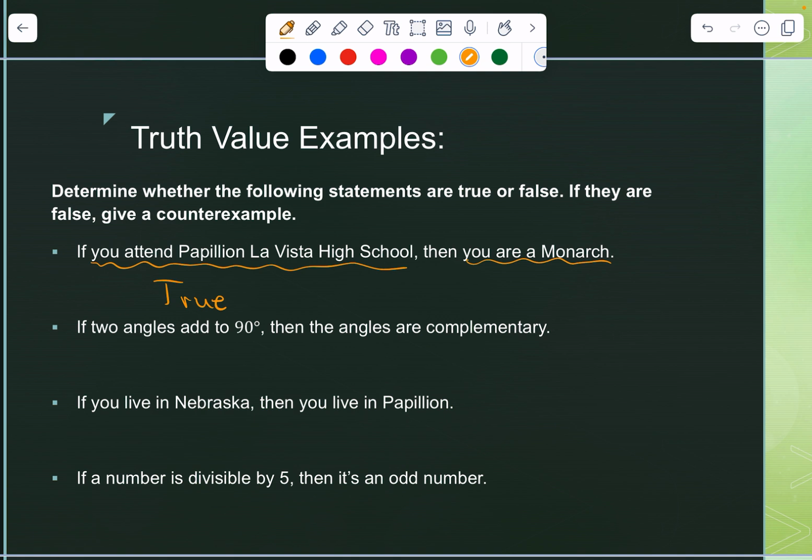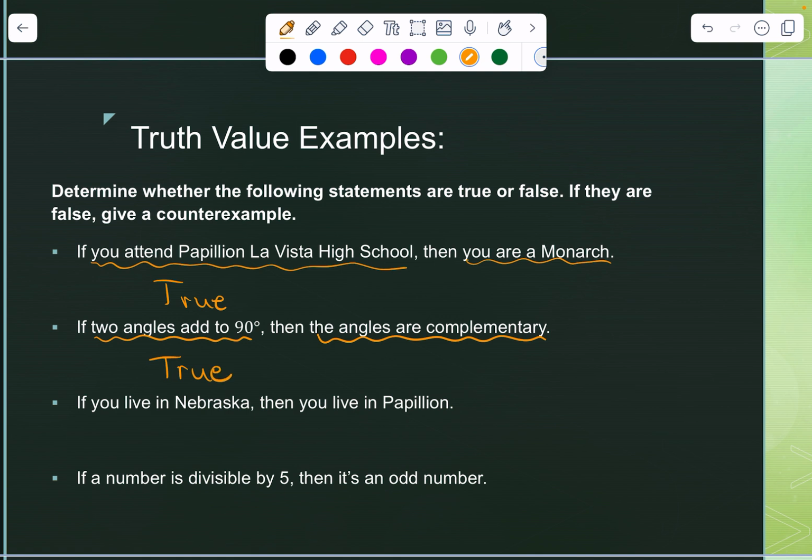So if you attend here, then you are a monarch. Okay, let's try the next one. If 2 angles add up to 90 degrees, then the angles are complementary. Remember, the definition of complementary is 2 angles that add up to 90. So that is also true.